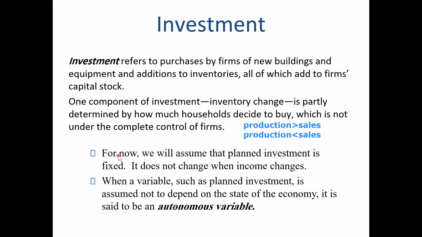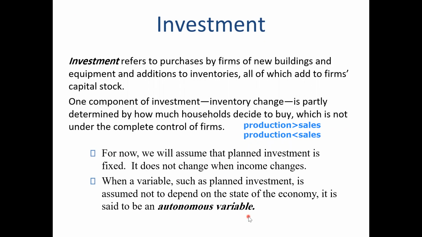So we are now assuming in this part that the planned investment is constant. This means that the planned investment doesn't change when income changes. When a variable such as planned investment is assumed not to depend on the state of the economy, it's said to be an autonomous variable.